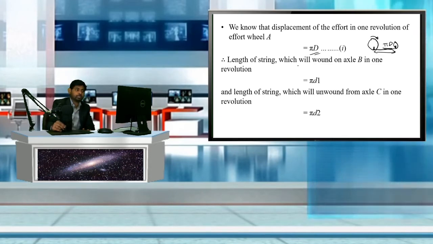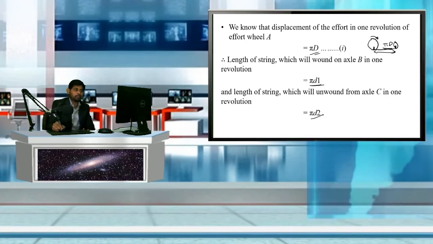Therefore, the length of string wound on axle B in one revolution is pi d1, and the length of string wound on axle C is pi d2.